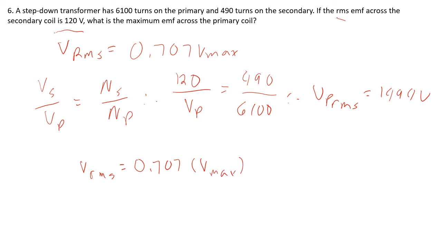We're looking for Vmax here. We end up with 1494 equals 0.707 times Vmax. And Vmax then is equal to 2113 volts.